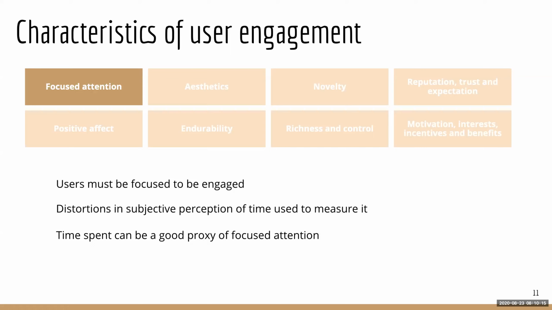More or less, when you do something that really excites you, time passes very quickly. Otherwise, it takes long. Usually time spent can be a good proxy of focused attention, and that's why it's often a measure that comes back as a way to understand user engagement.